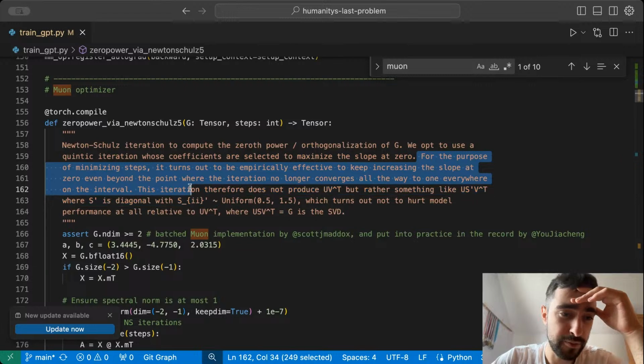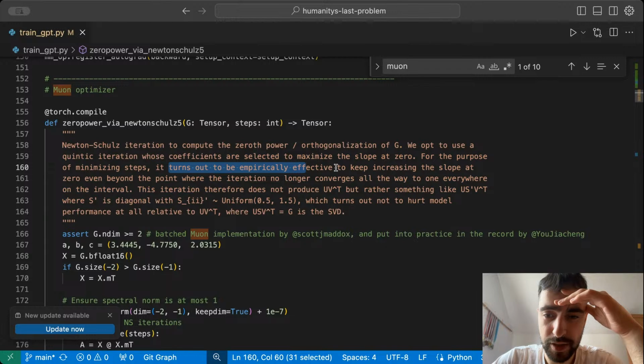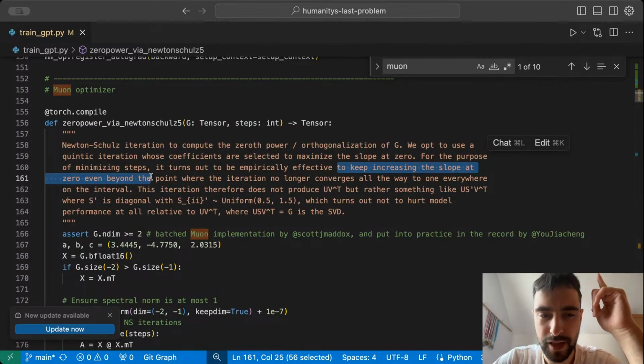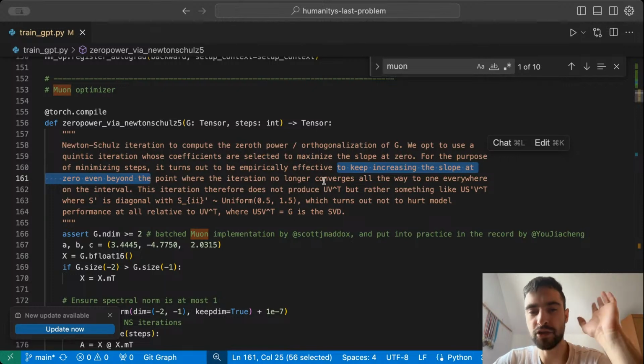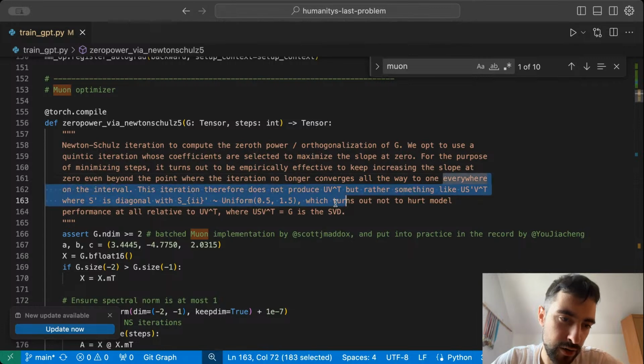For the purpose of minimizing steps, it turns out to be empirically effective to keep increasing the slope at 0 even beyond the point where the iteration no longer converges. I don't know what I'm reading. Converges all the way to one everywhere on the interval.